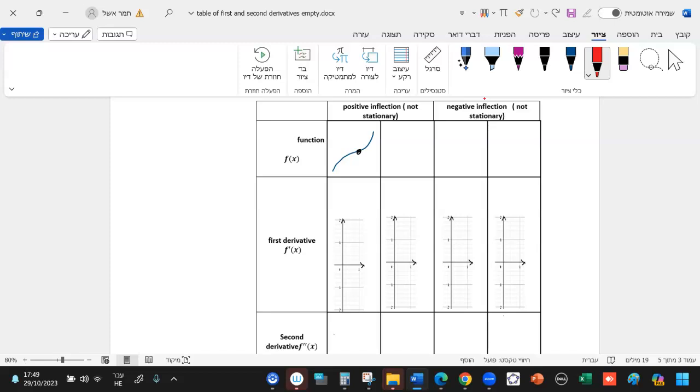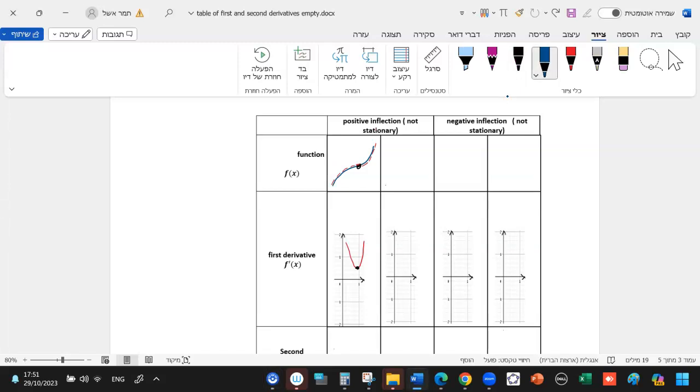The direction doesn't change. The function is always increasing. The gradient is positive, goes down until some minimum point here, and then starts increasing again. First derivative will look like this. It starts with large positive, goes down to some minimum, and then up again. This is the inflection point.